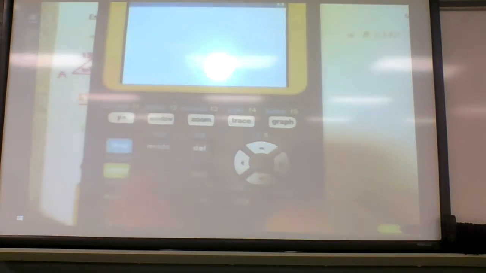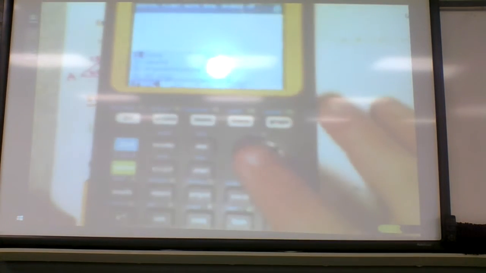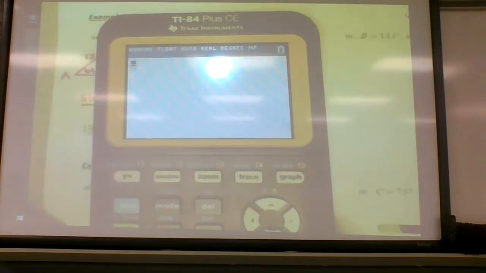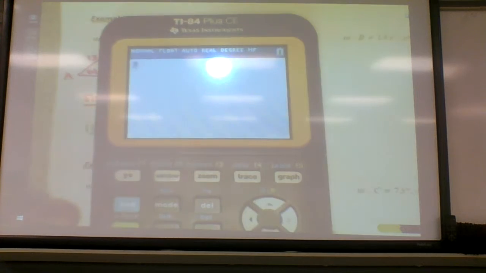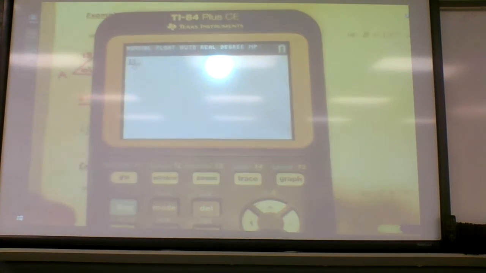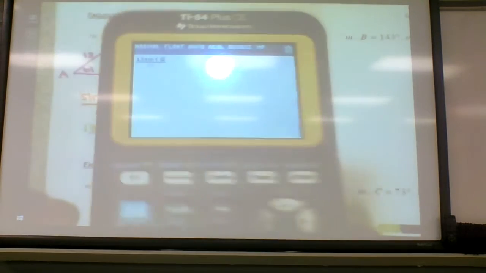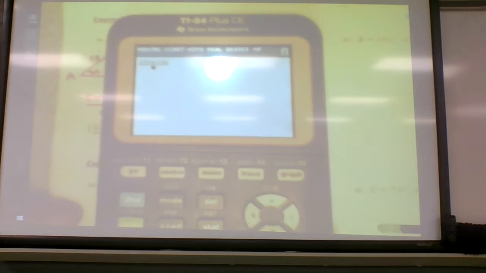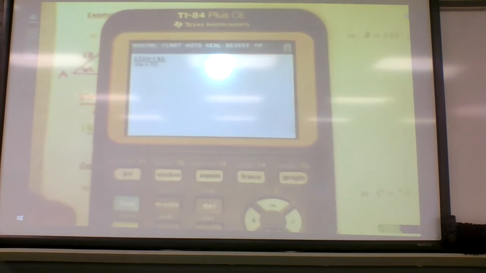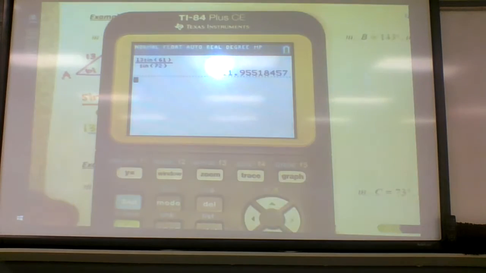If you want to put a fraction in, alpha y equals gets the fraction. So we would say 13 sine of 61, and then on the bottom, sine of 72, and we get this number.